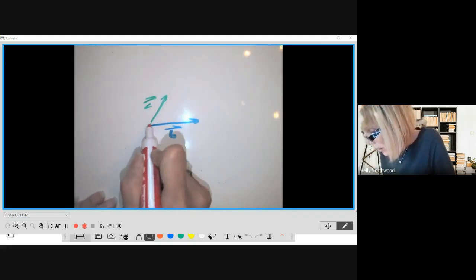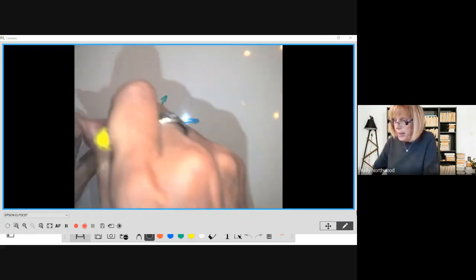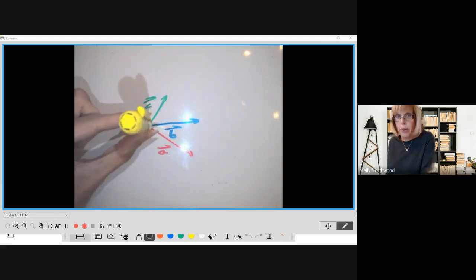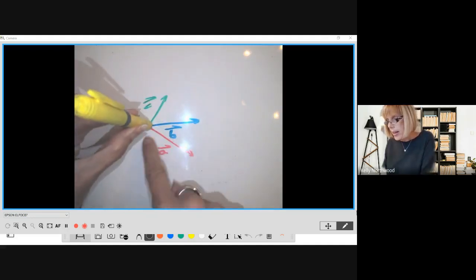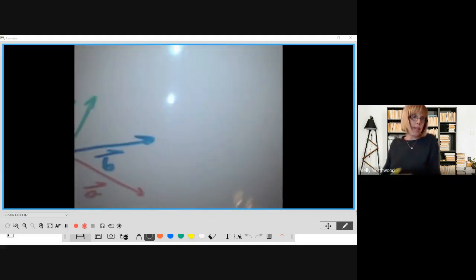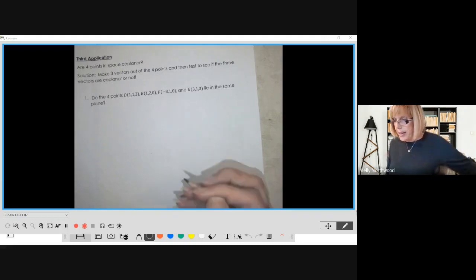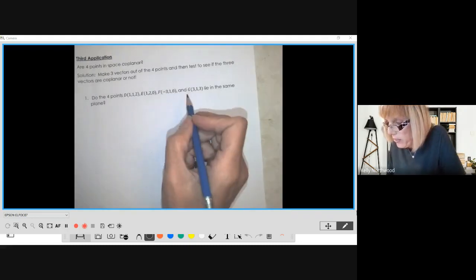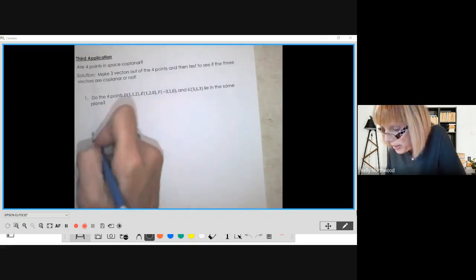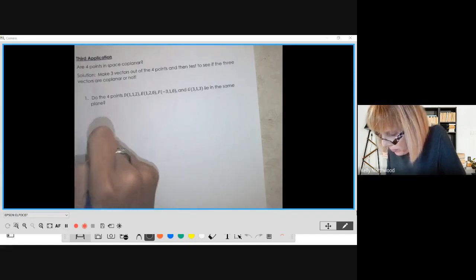So if we did A cross B and got vector A cross B, and then I dotted A cross B with C and got 0, then I knew all 3 vectors were coplanar. So similarly with 4 points, to see if they're coplanar, I can make 3 vectors out of them, deciding on which one I want to go from. I want D to be the start of all 3 of my vectors, point D.